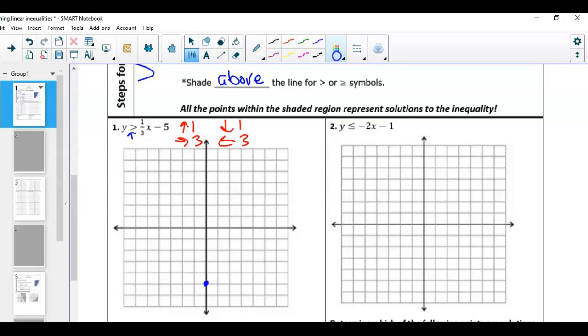So for this, I want you to fill up your graph with these slope points. This does not have a line underneath it, so this is going to be a dashed line.